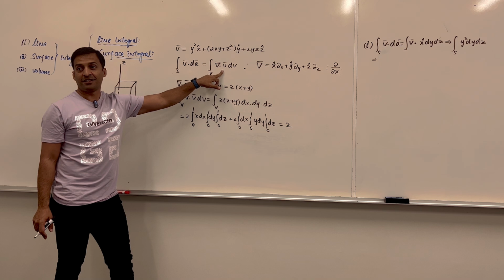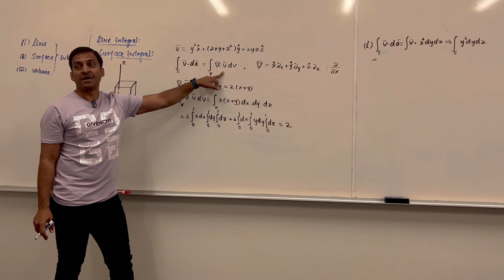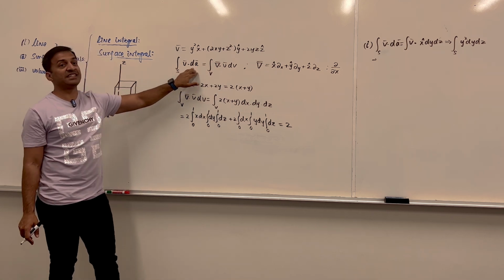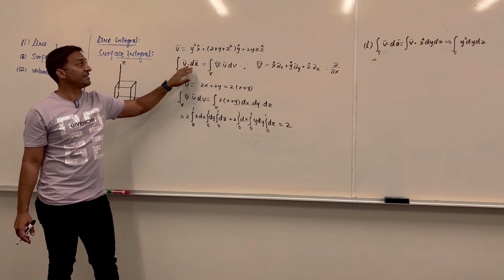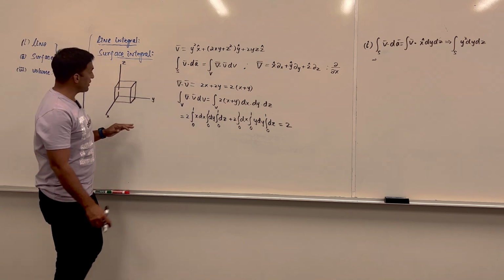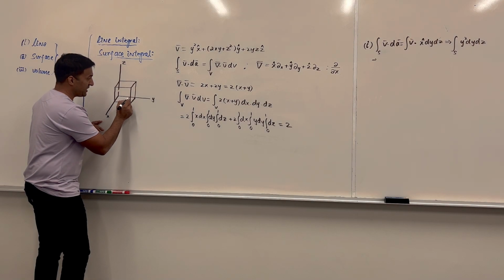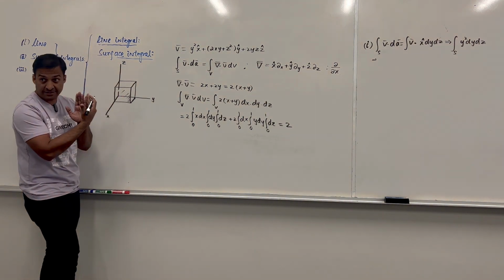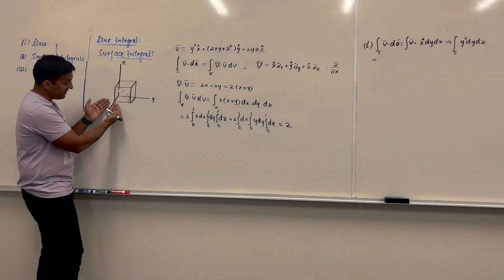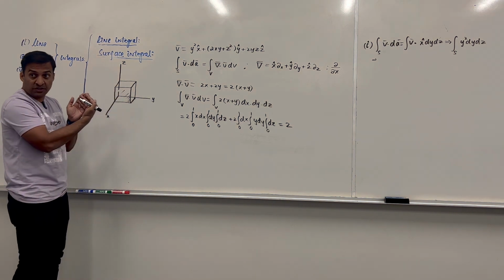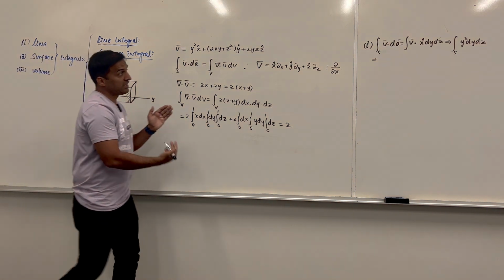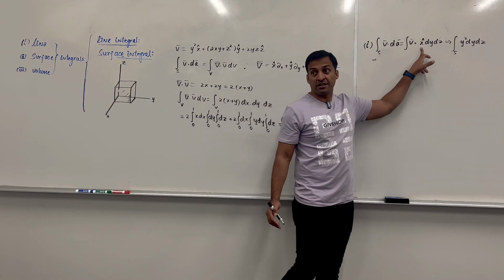So dA is the area of the surface that you are calculating this function for. For now, I'm just taking the area element of the surface which is facing us. This surface lies on the x-axis, so its direction is towards the positive x-axis, and so the x unit vector.